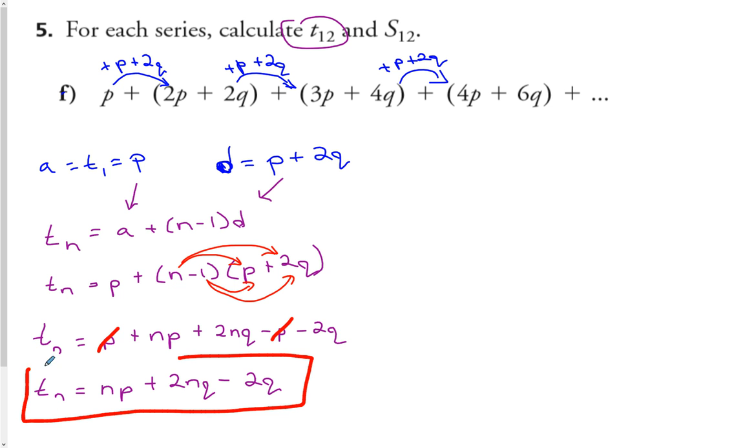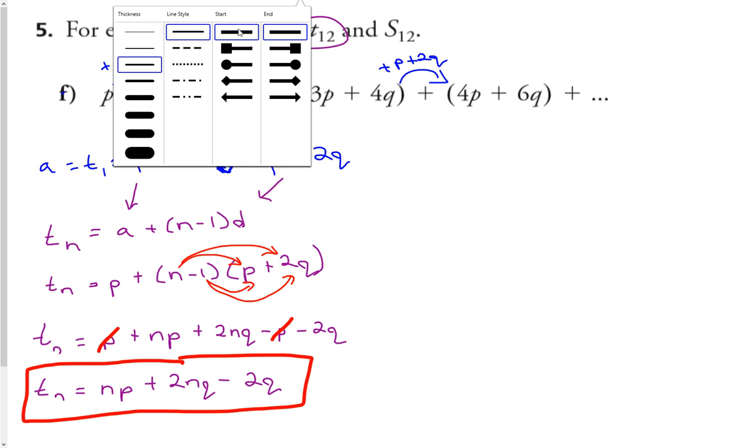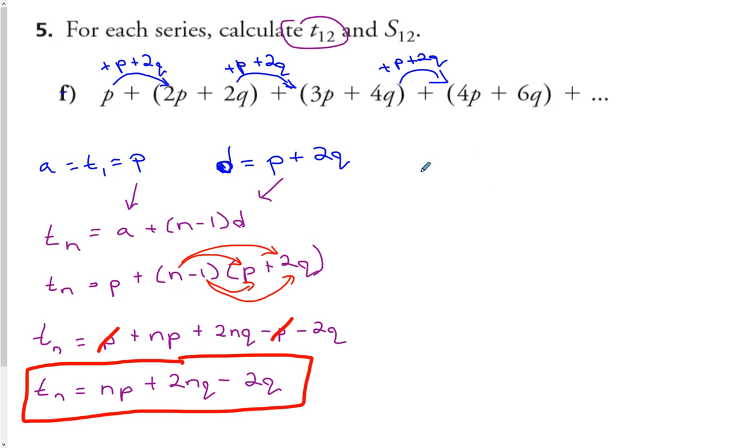Now I can sub in a 12 anywhere I see an n. So to find the 12th term, I just put in a 12 anywhere there was an n before.